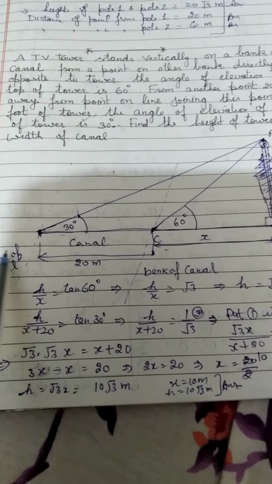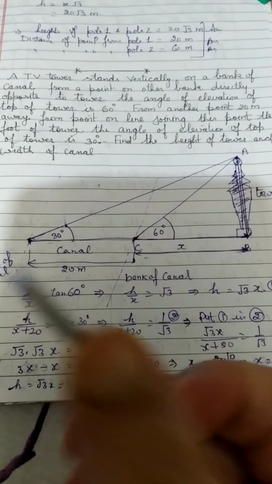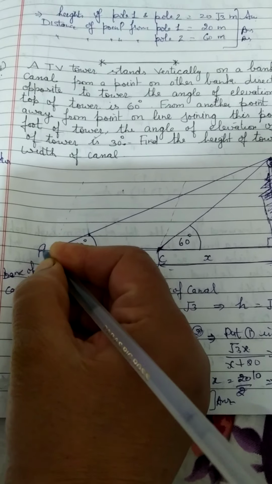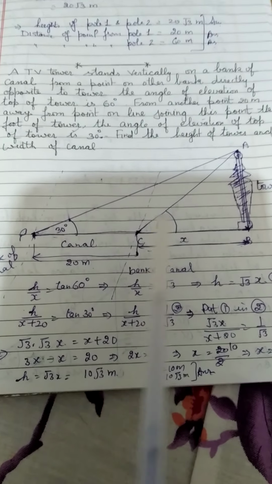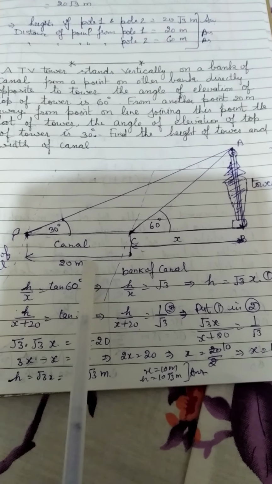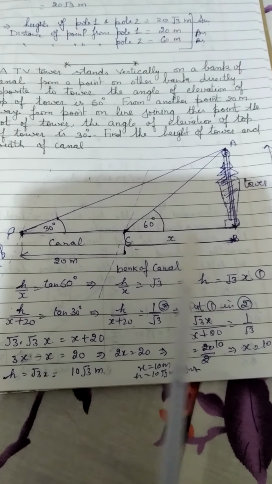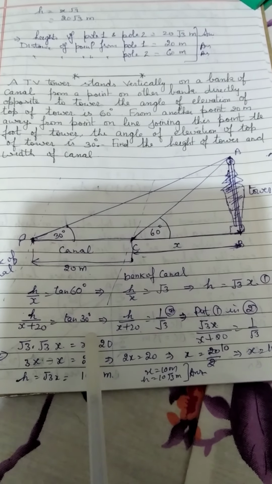Now in this triangle, say this point is P. Now in triangle APB, h upon 20 plus x is equal to tan 30.